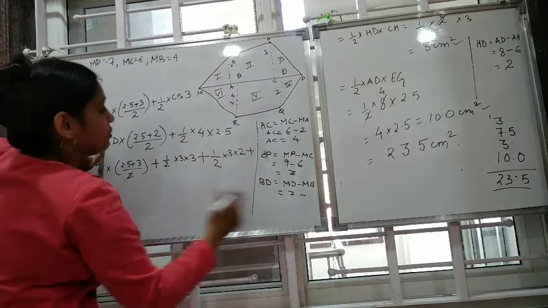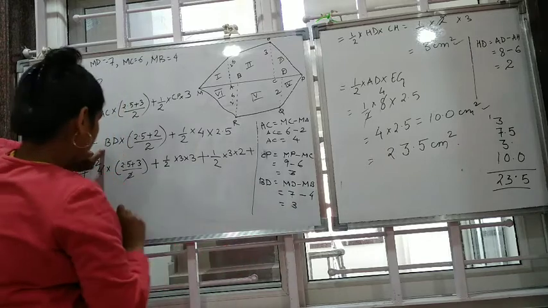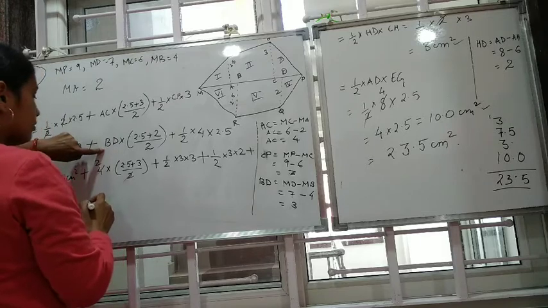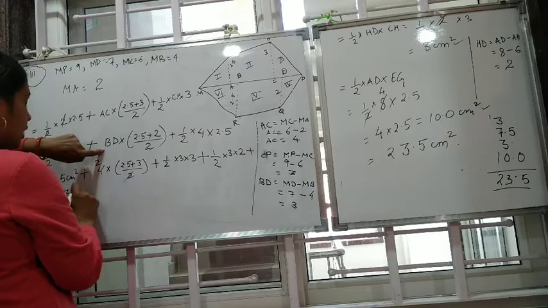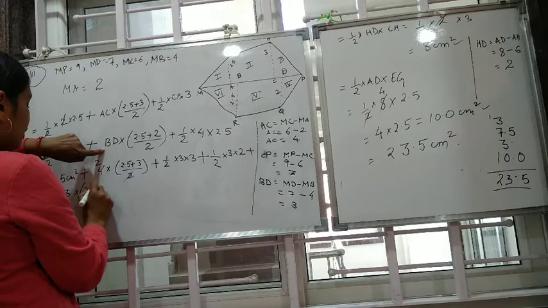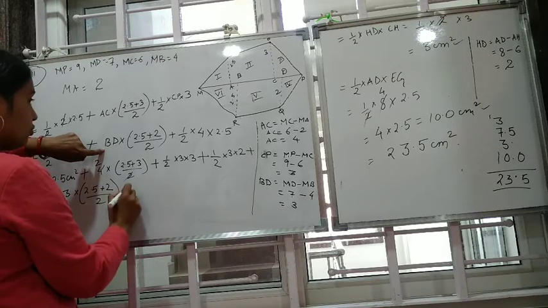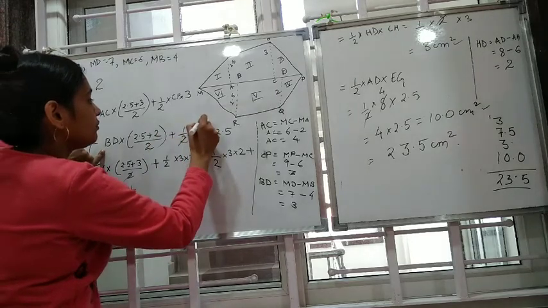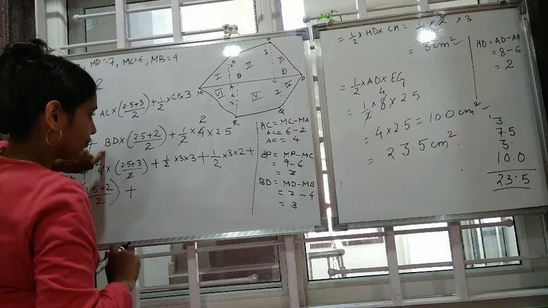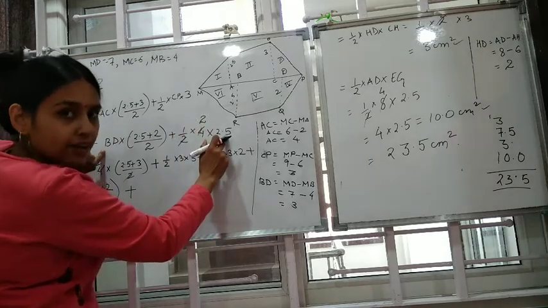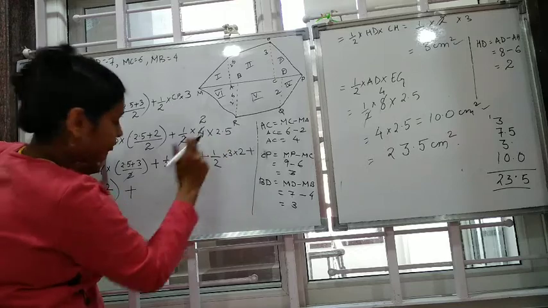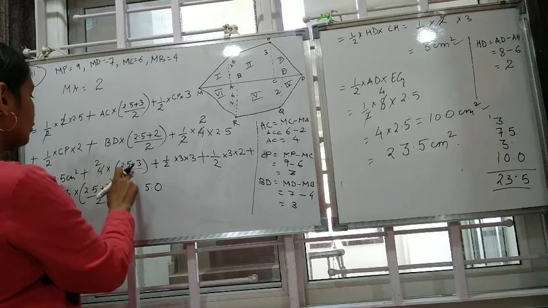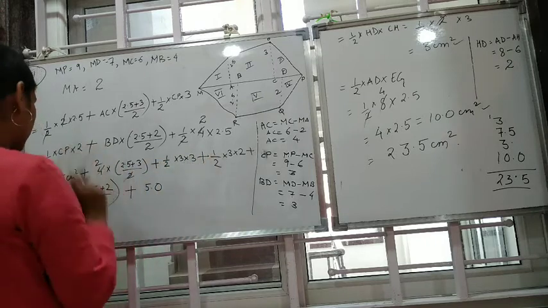MB is how much? 4. Answer is 3. So it's a very interesting type of question. So 3 into 2.5 plus 2 divided by 2 plus, this we'll cancel, comes out to be 2, and 2 into 2.5 gives us 5.0. Are there 6 terms? 1, 2, 3, 4, 5, 6. Yes, we are going correct.